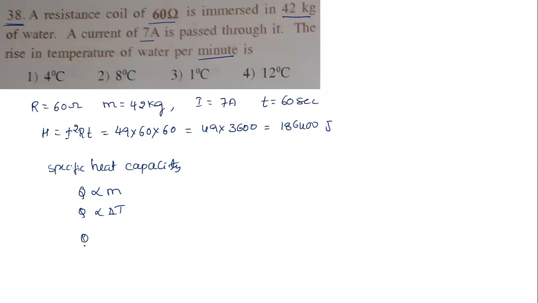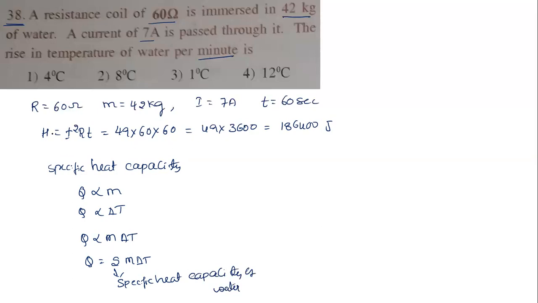Then here I can say Q is proportional to mass times the rise in temperature. If I remove the proportionality constant, Q equals S multiplied by M times delta T, where S is the proportionality constant. This is what we call the specific heat capacity of water.